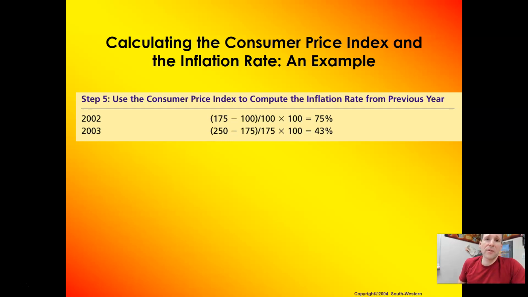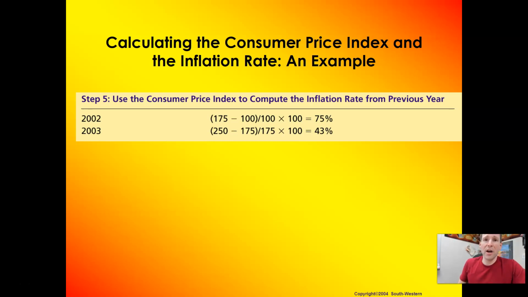Based on that, we can figure out the inflation rate. The inflation rate from 2001 to 2002 was 75%. We went from 100 to 175. You see the percent change formula there: 175 minus 100 divided by 100, 75%. The inflation rate going from 2002 to 2003: the price index for 2003 was 250, minus the price index in 2002 of 175, which gives you, that'd be 75.